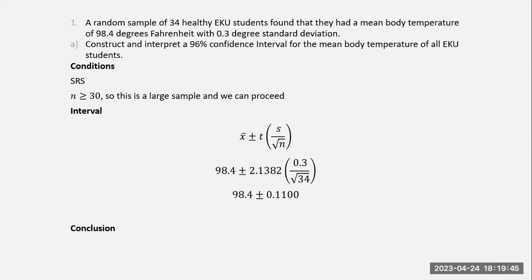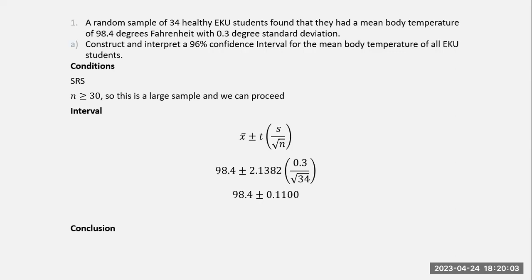When you start at the beginning, don't include the 98 before we do that last step, when we add or subtract.